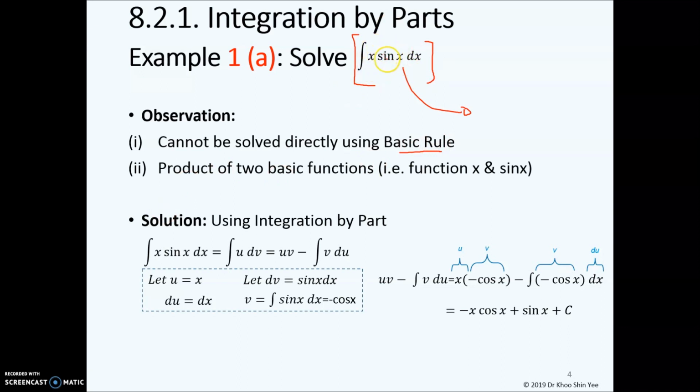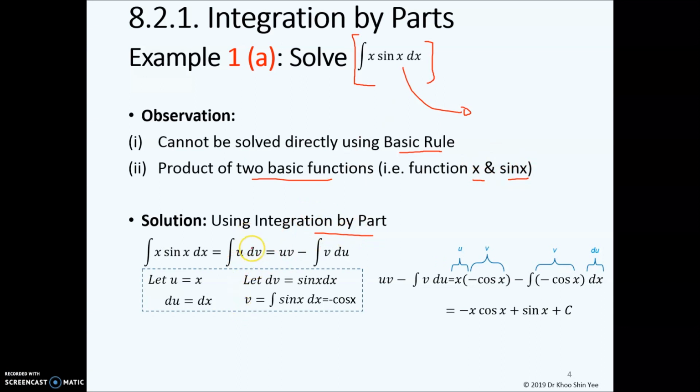No identity can be applied here. So it is a product of two basic functions: a polynomial multiplied with a trigonometric function. In this case, we can use integration by parts.